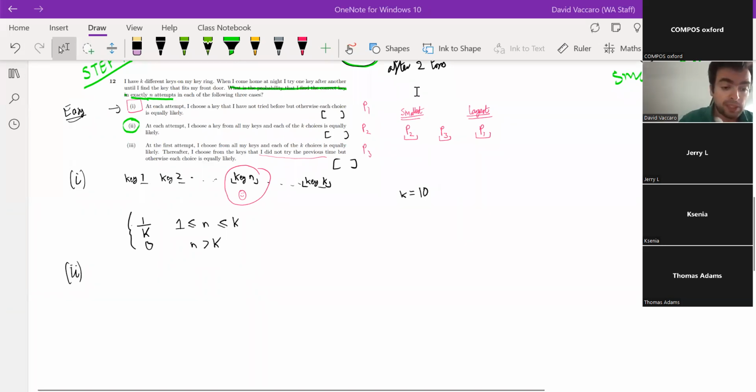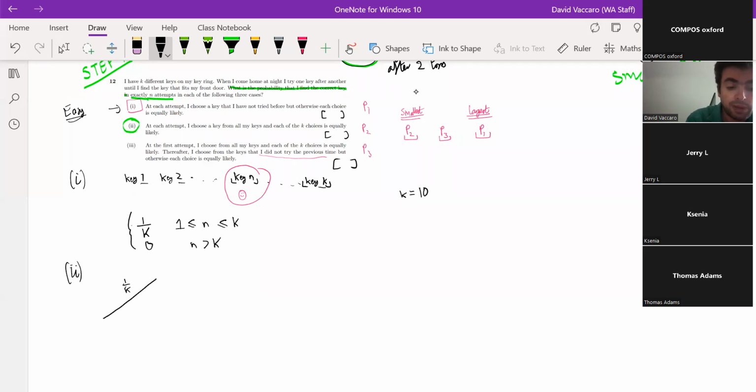So what's the probability that I'm lucky on my first attempt? Well, I'm lucky on my first attempt if I just happen to pick the right key, which happens with probability 1 over k. But k minus 1 times out of k, the door does not open.